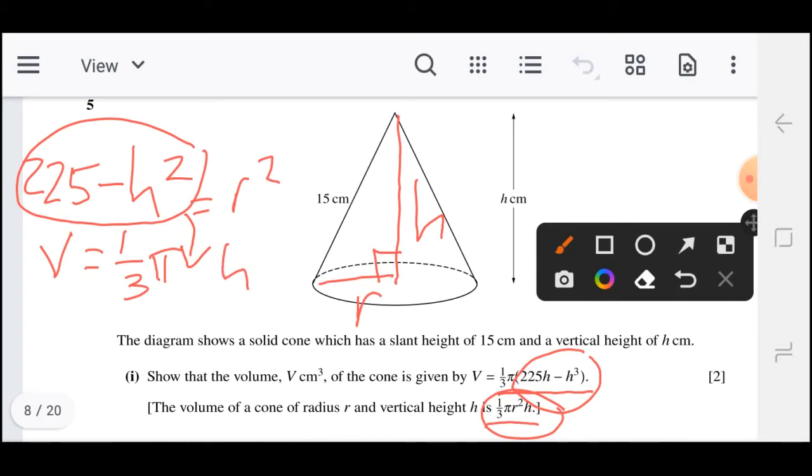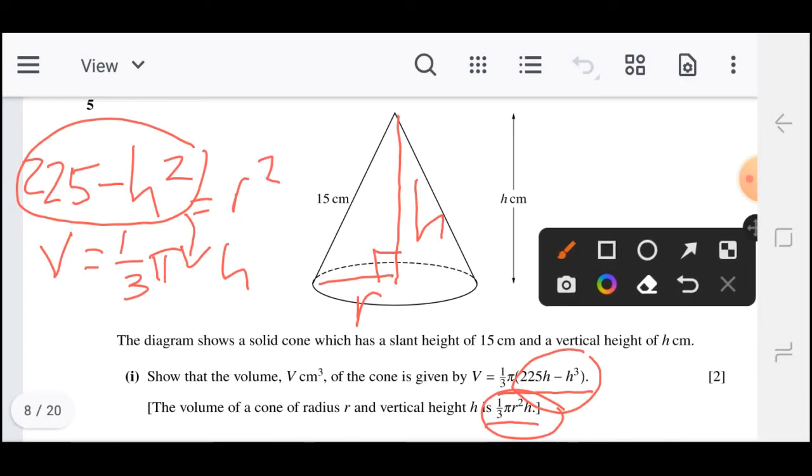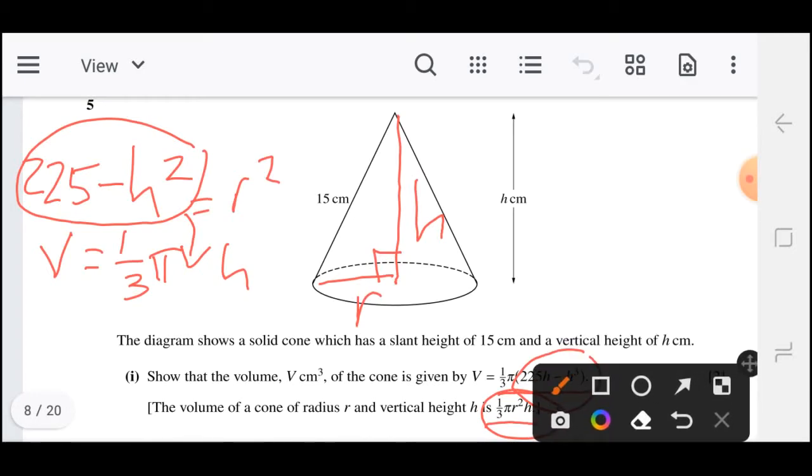So what that does is this. We get V equals 1/3 pi, then bracket 225 minus h squared, then we multiply by another h.